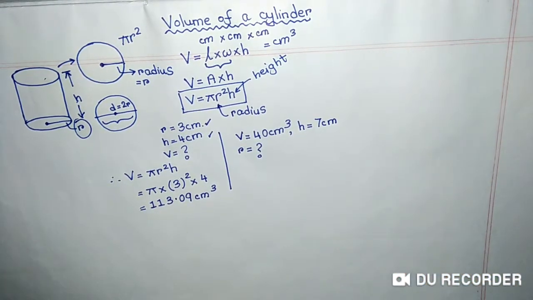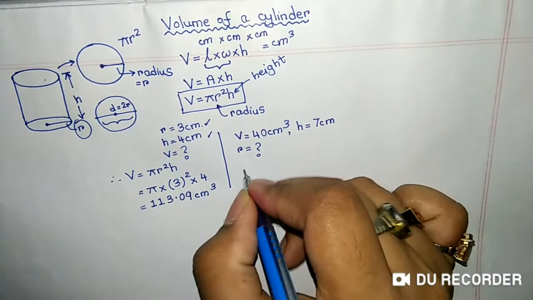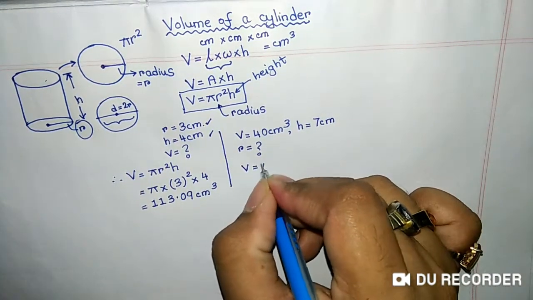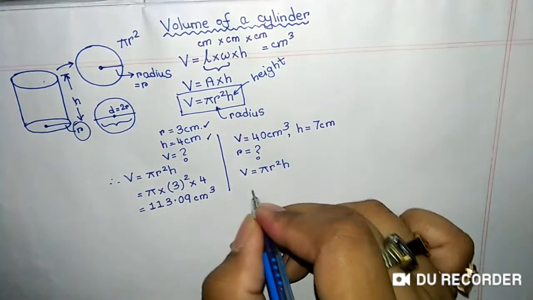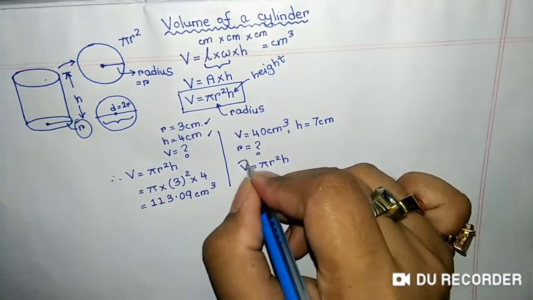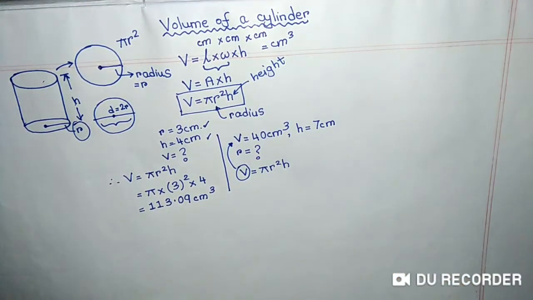Now, if you are very good at algebra, this is a very easy problem to deal with. So volume is going to be pi r square h, correct? As the volume is pi r square h, we know what the volume is. The volume is going to be 40 centimeter cube.